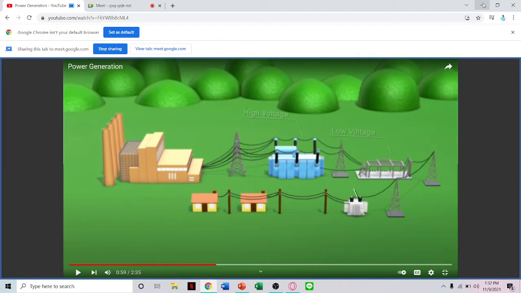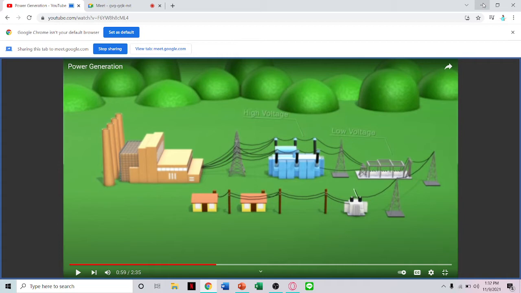So if your device needs 220, it should be using a socket that has 220 also. But some devices only use 110 volts. For example, you have a charger. Your charger says 110 volts only. It means you have to insert it into a socket that has only 110 volts.